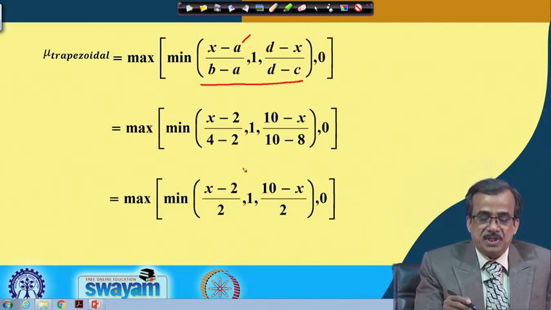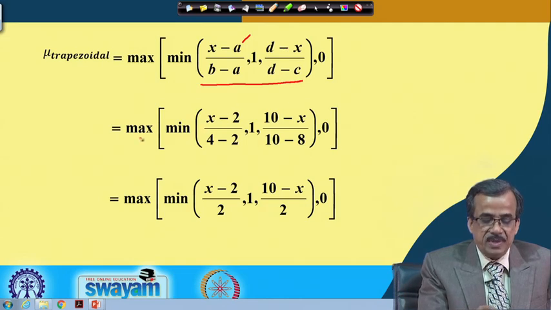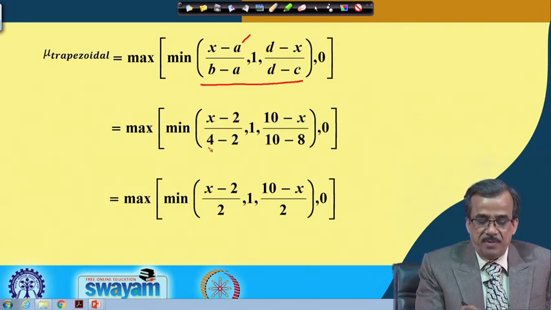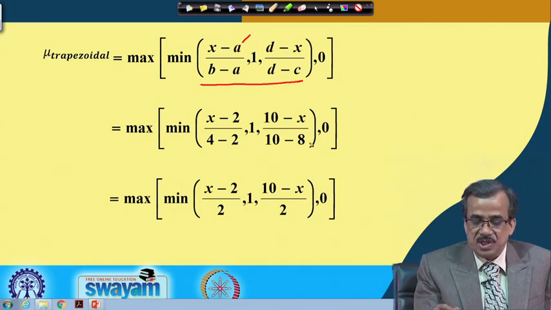Now, if we substitute the values for a, b, c and d, we will be getting the maximum between the minimum among (x minus 2) divided by (4 minus 2), comma 1, (10 minus x) divided by (10 minus 8), comma 0.